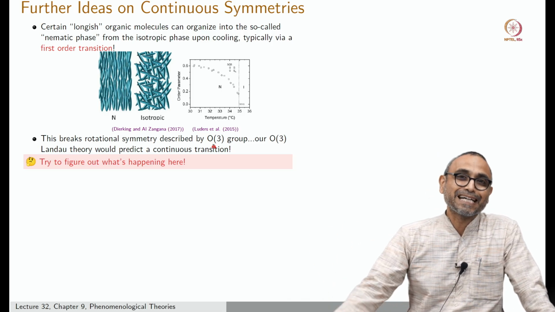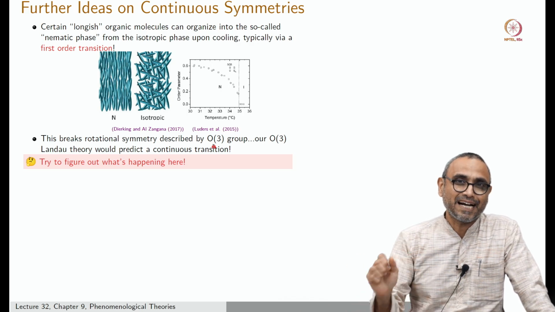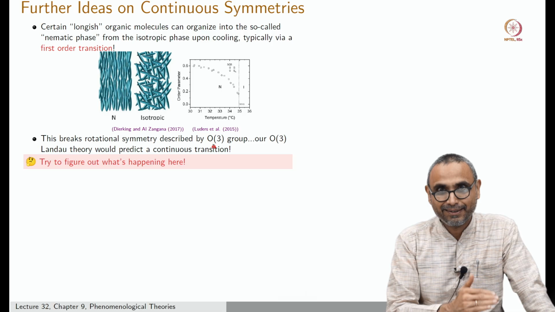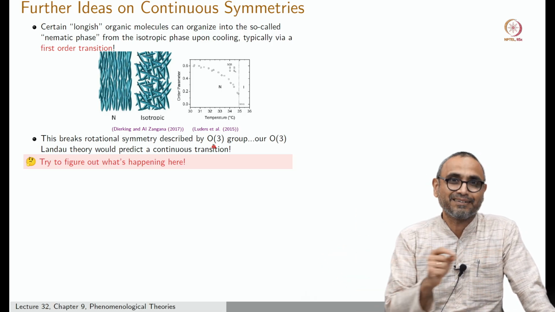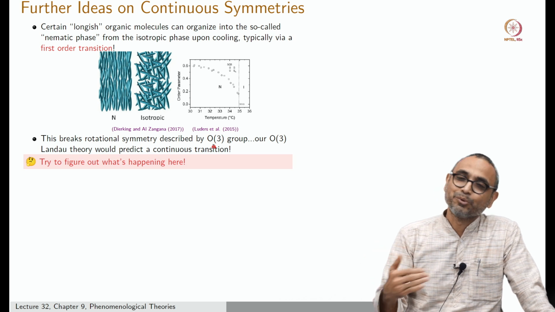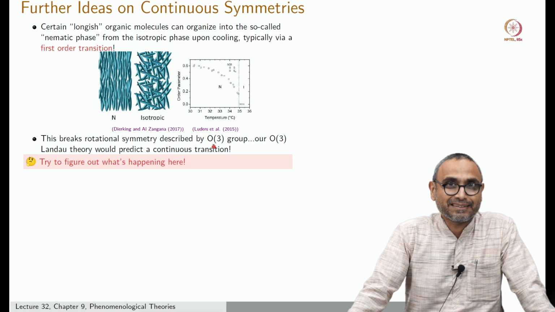But now we are immediately running into a problem because we constructed a generic O3 Landau theory, O(N) in fact, and we saw that the way we constructed it, when we tuned the parameter in our problem, you had a second order transition.